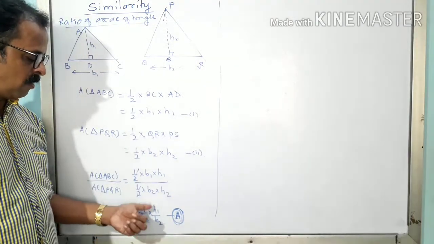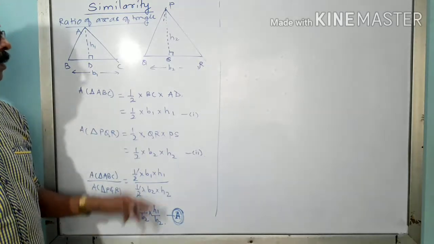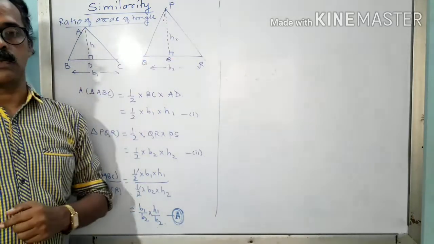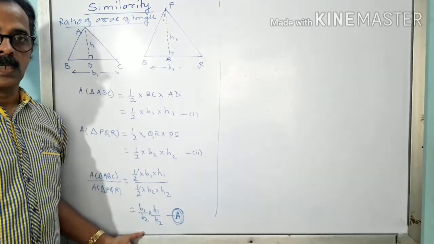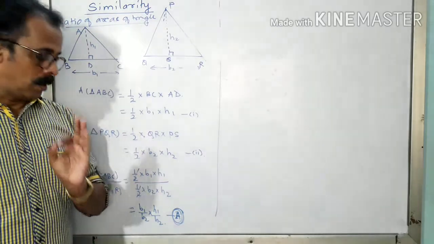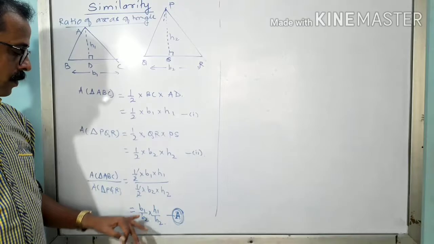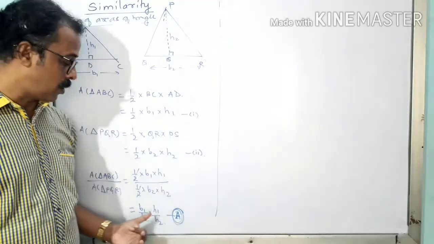The second condition is when the heights are equal. Suppose the triangles have the same height, so h1 and h2 become equal. Then they get cancelled and you will get b1 upon b2. So in the ratio of areas of two triangles, if two heights are equal, it is equal to the ratio of their corresponding bases.